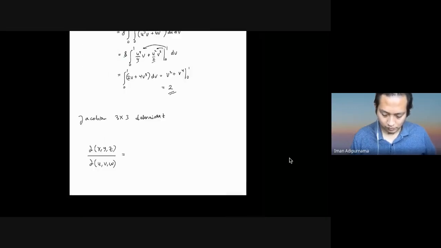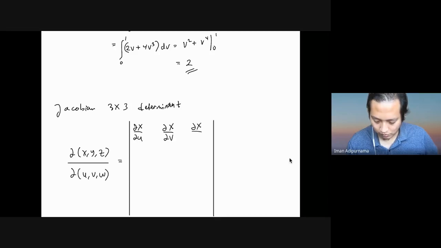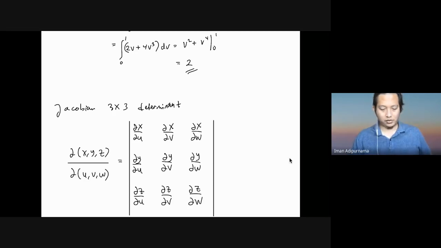So the Jacobian for 3 variables, for 3 by 3, let's say U, V, and W, will be the determinant of the 3 by 3, like in the vectors you learned.